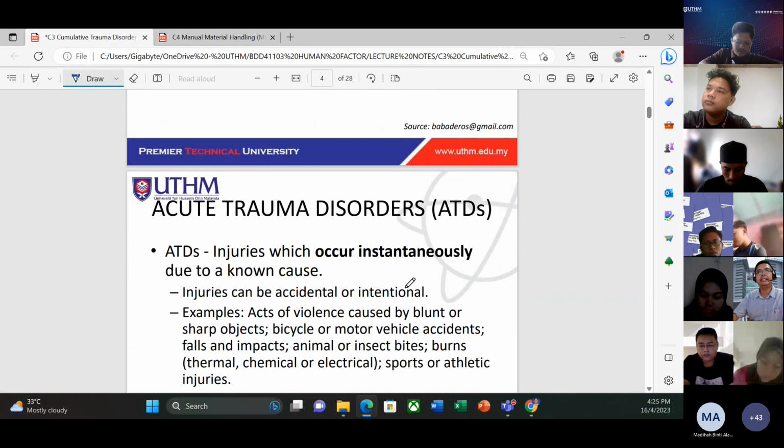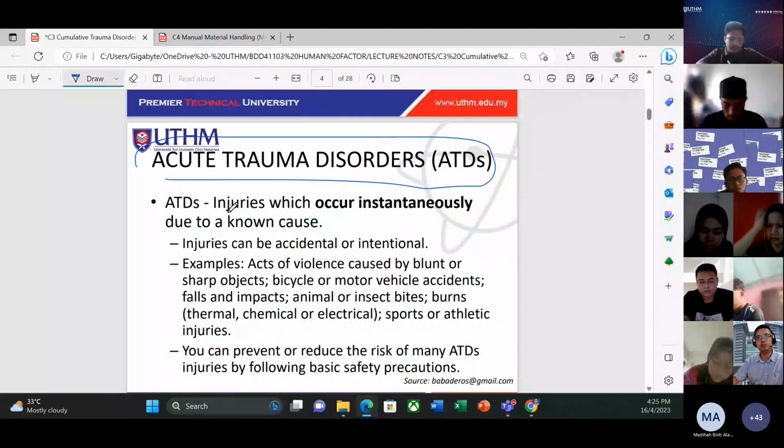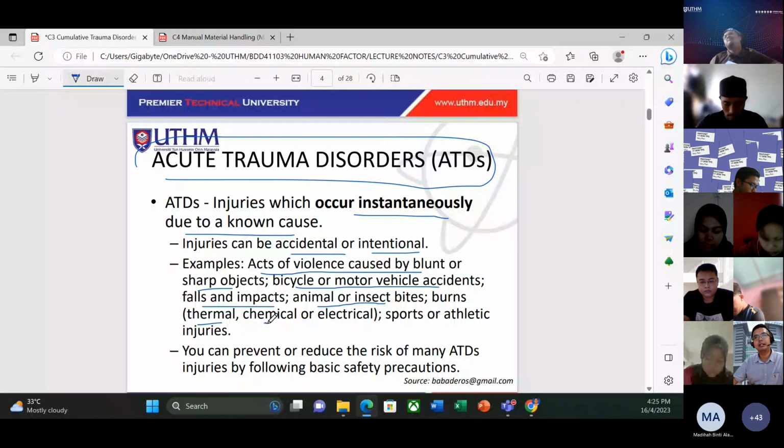Okay, what is the ATD? Acute trauma disorder or ATD. ATD is injuries which occur instantaneously due to a non-cause. The injury can be accidental or intentional. Examples: acts of violence caused by blunt or sharp objects, bicycle or motor vehicle accidents, falls and impacts, animal and insect bites, burns, for example thermal, chemical, electrical, and sport and athletic injuries.